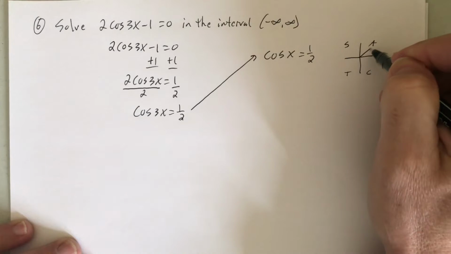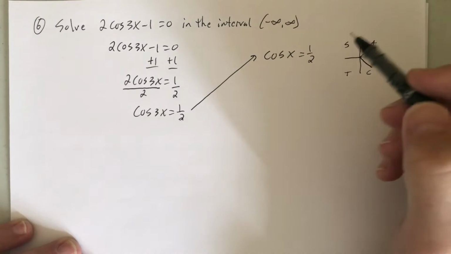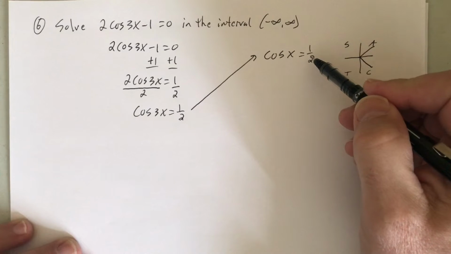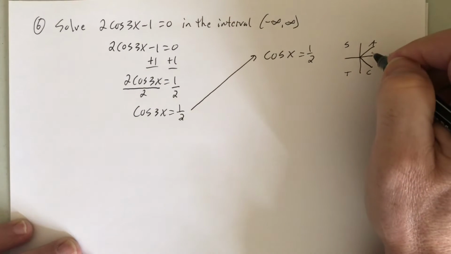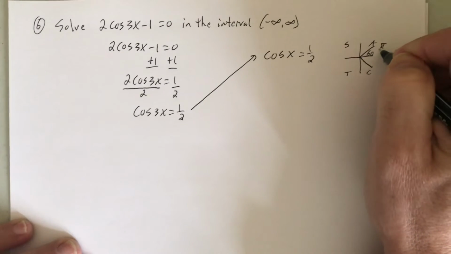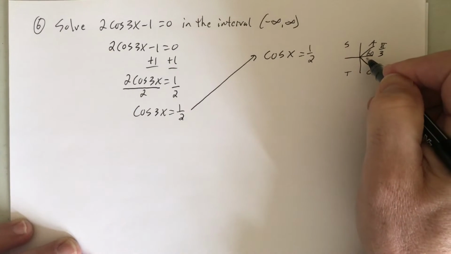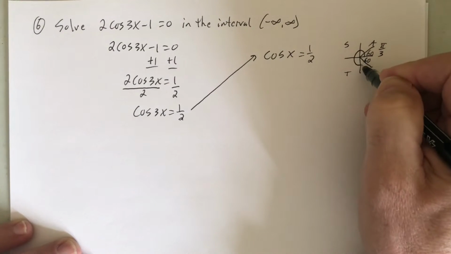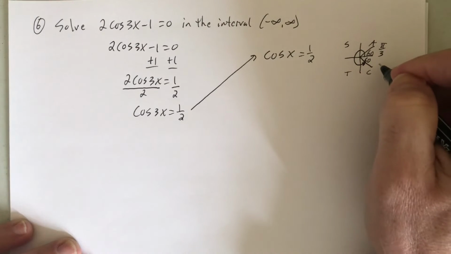That's going to be in quadrants 1 and 4. Hopefully you recognize that being 1/2, you go to the unit circle. That's going to happen at pi over 3 or 60 degrees here. So it'll be pi over 3, which makes this reference angle 60 degrees. Going from here to here would be 5 pi over 3.